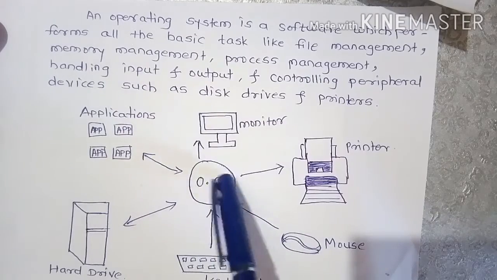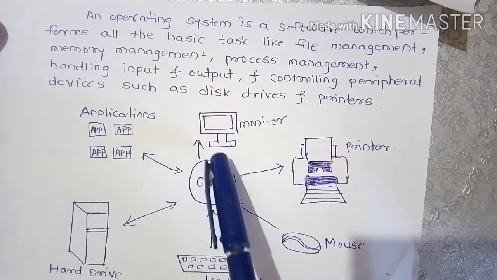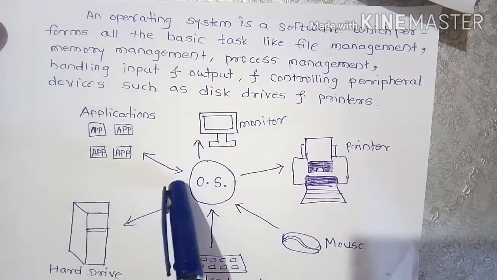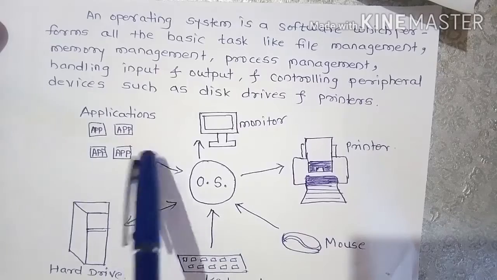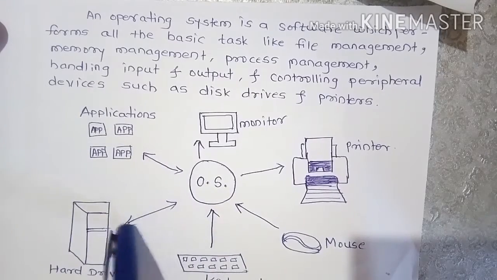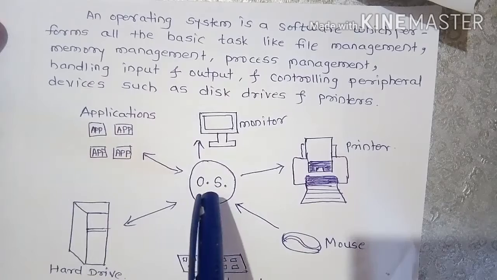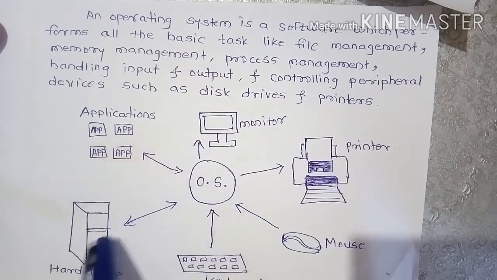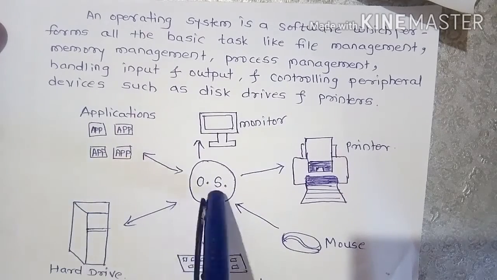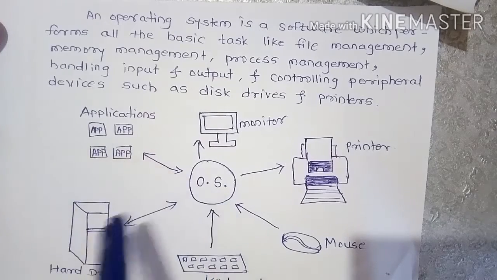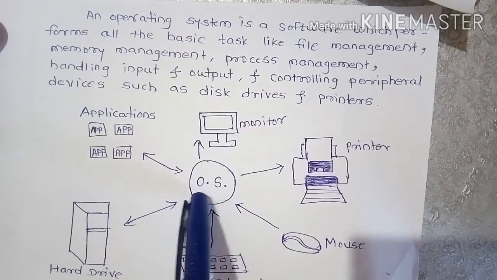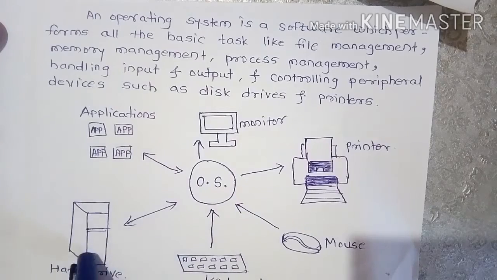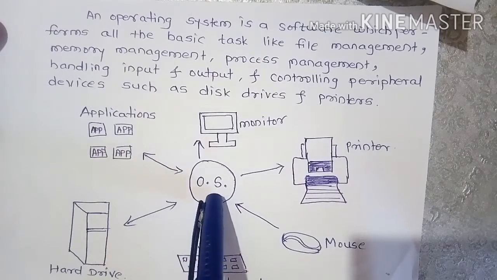The operating system gives output to the monitor, so this communication is unidirectional, and this communication is bidirectional. The hard drive gives input to the operating system, and the operating system also gives input to the hard drive, so this is bidirectional communication. It stores data by commanding of the operating system. When the operating system demands some data, the hard drive gives it to the operating system.